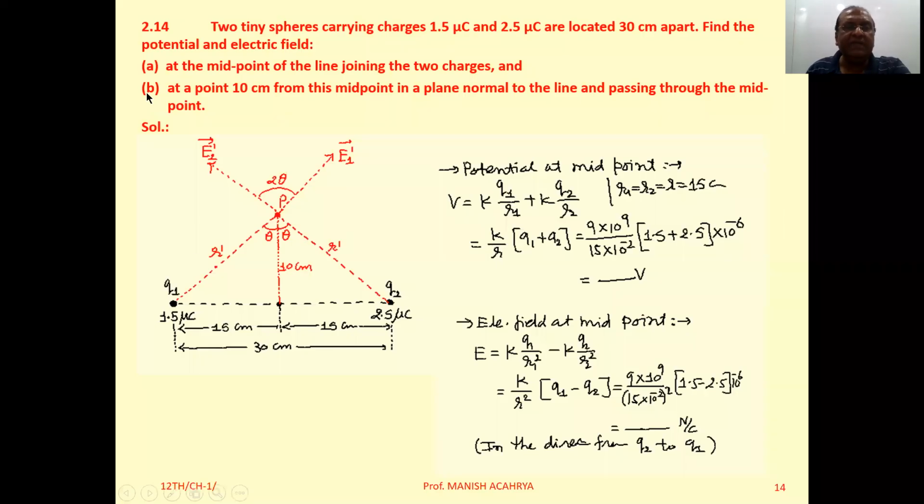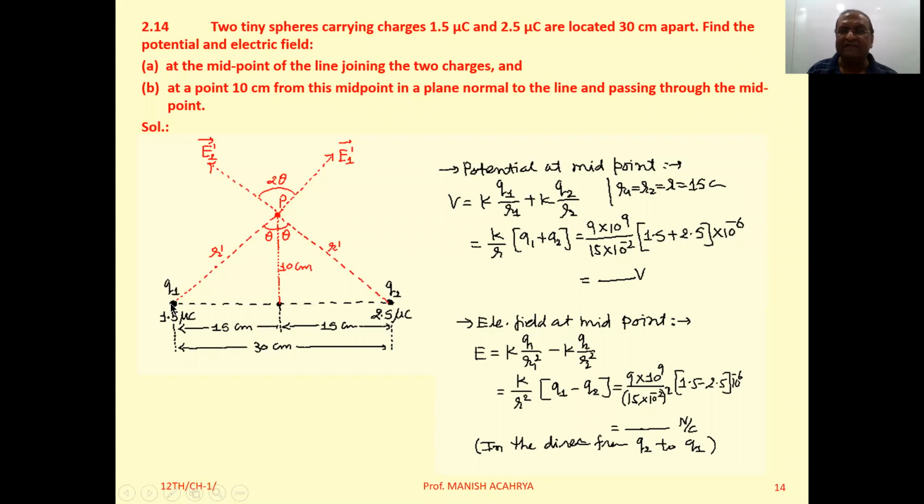Now question B. At a point 10 centimeter from this midpoint in a plane normal to the line and passing through the midpoint. So here suppose we consider a point P, which is at 10 centimeter from the midpoint in a plane normal to this line.